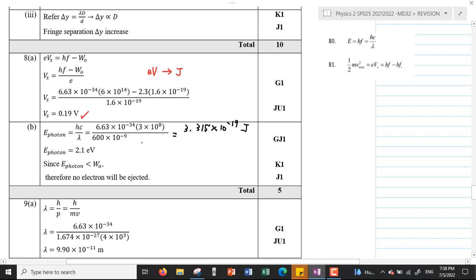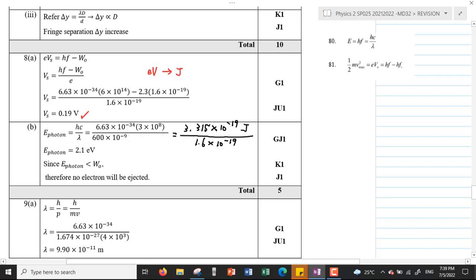Okay, because I want to compare it with the work function, whereby the question gives the work function in electron volt, so I convert the energy of the photon to eV. So I divide by 1.6 to the power of negative 19. So I get the energy of the photon will be around 2.1 eV. Okay, so compare with the work function of sodium, which is 2.3 eV.